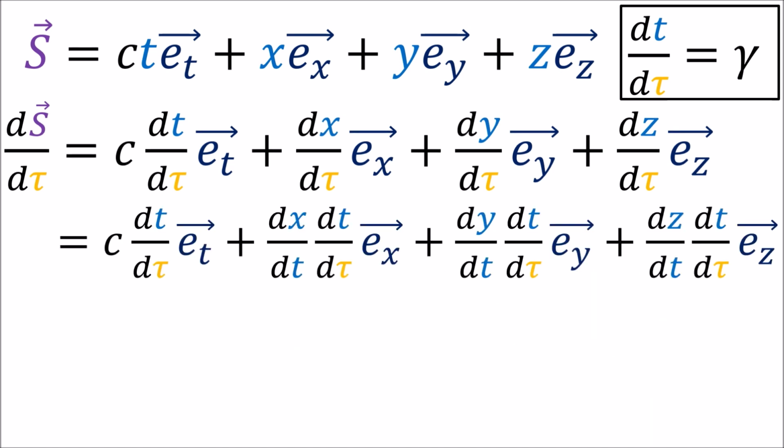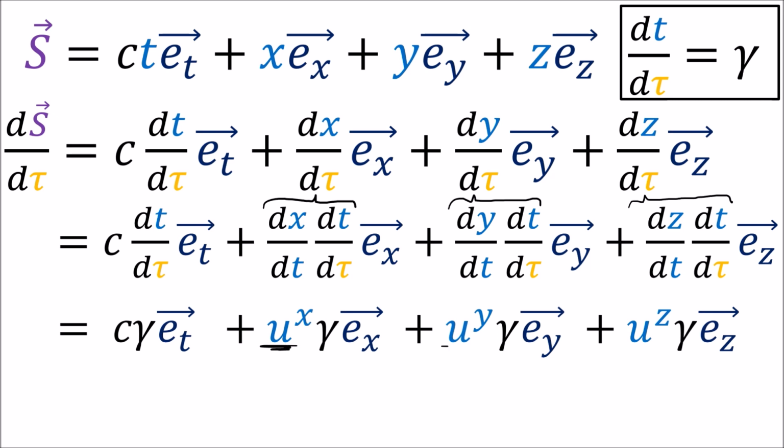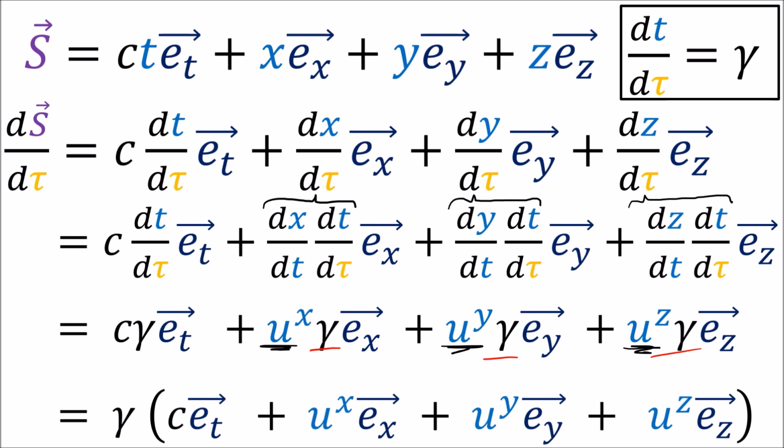We can use this chain rule approach for all derivatives of space coordinates with respect to proper time, and this gives us the ordinary non-relativistic velocities with respect to the t coordinate times dt by d tau, which is just gamma. If we factor out the gamma that appears in every term, we see that the velocity ds by d tau equals gamma times the vector c e_t plus u^x e_x plus u^y e_y plus u^z e_z, where the lowercase u denotes the non-relativistic velocity.